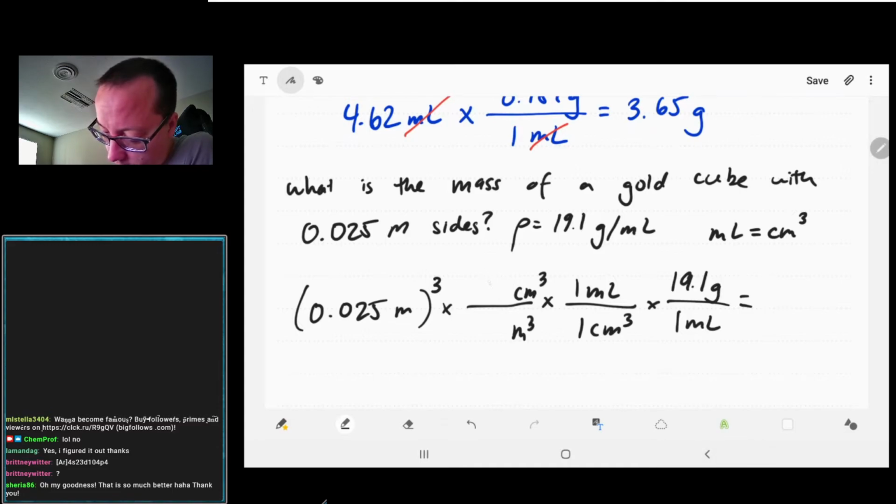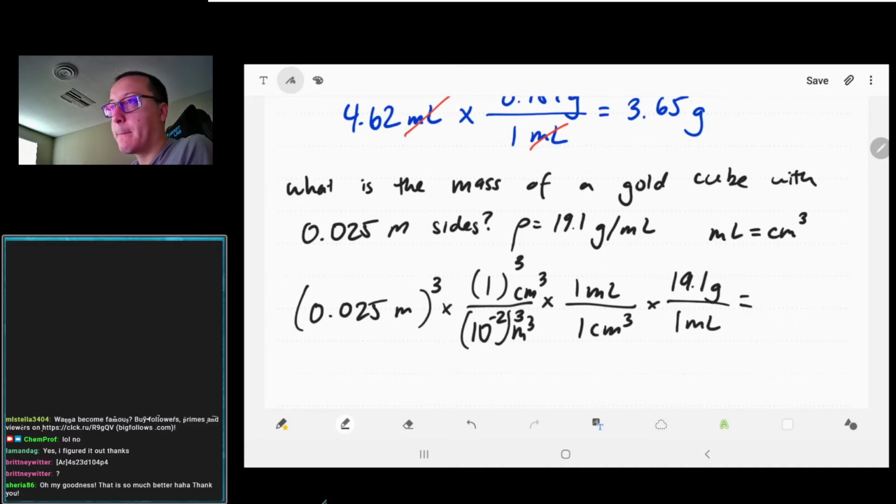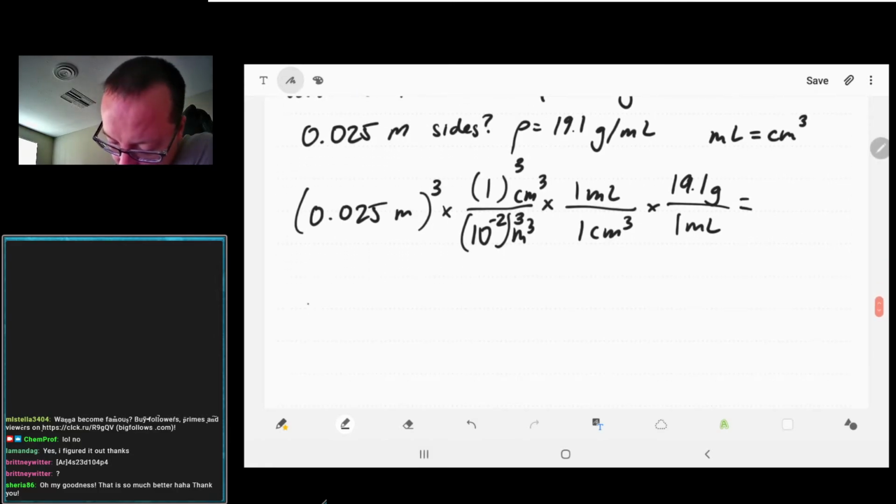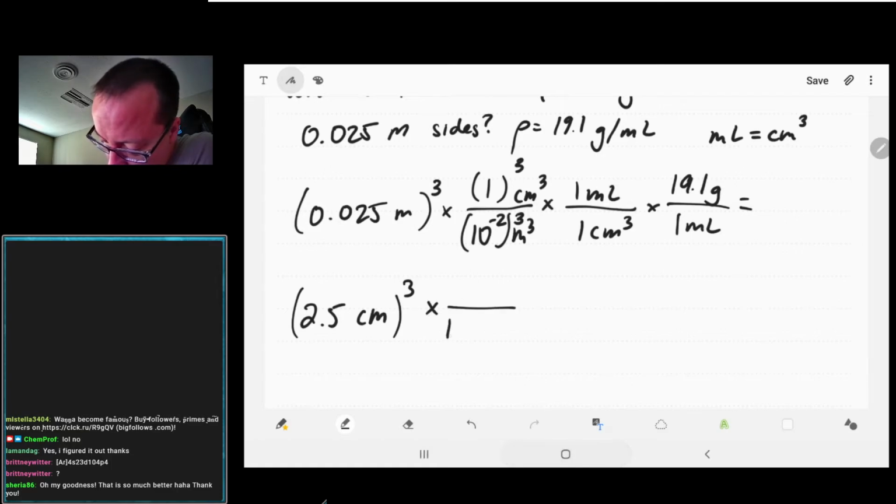So in the metric system here, we're going to have to cube our conversion factors. All these fun cubes everywhere, or we could just say 2.5 centimeters cubed times all this stuff.